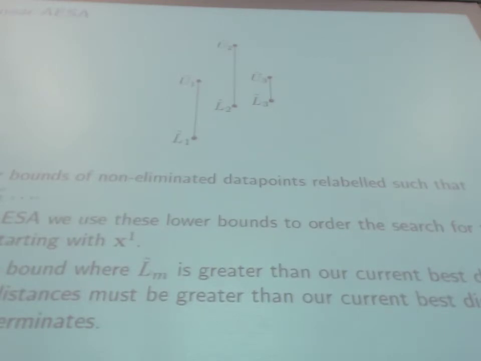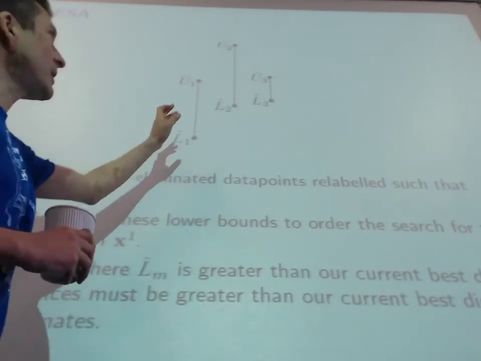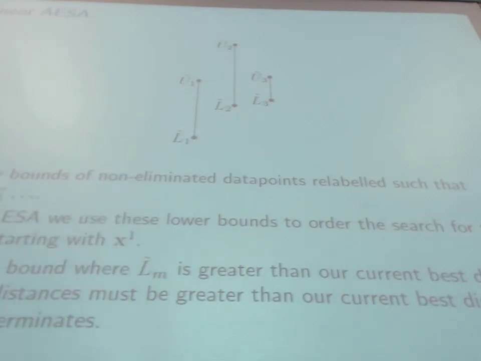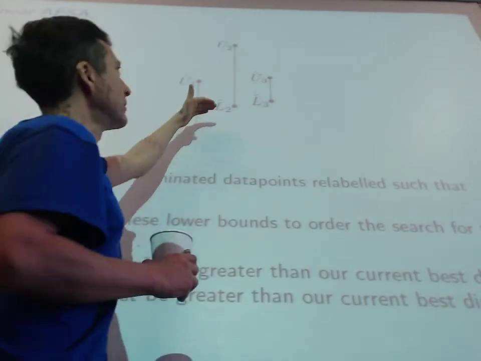If not, then you move on to the next one. Then it's up to you whether or not, in principle, you could say I've computed now the distance between q and x1, and I could actually incorporate that and get an improved bound. That's also possible. Or you could just say, I won't bother recomputing the bounds, I'll just stick with the existing bounds and use them. I keep going along. Now I'm going to compute this.